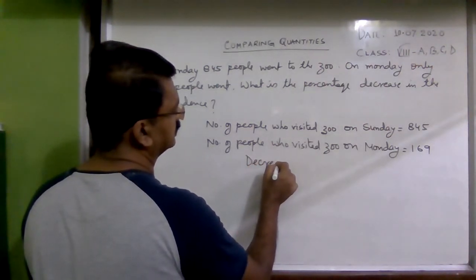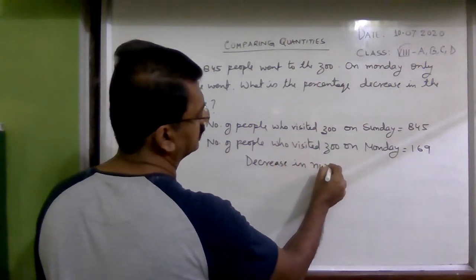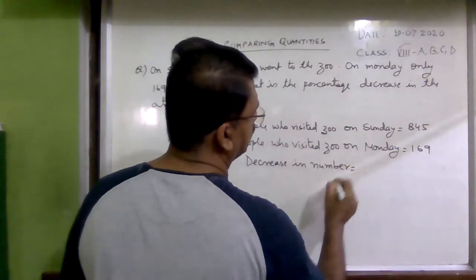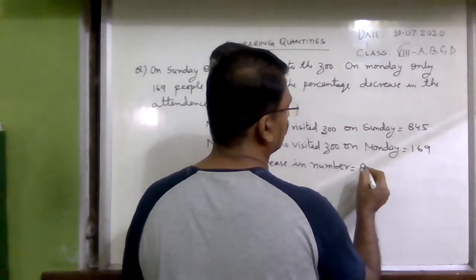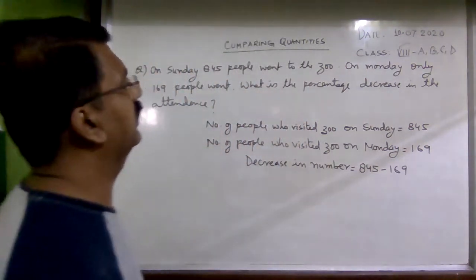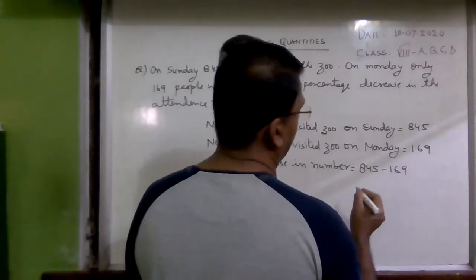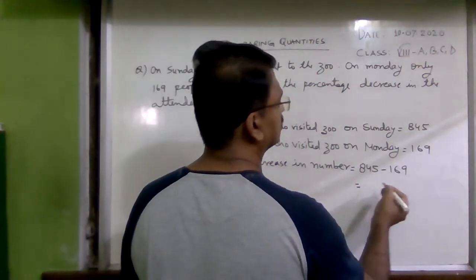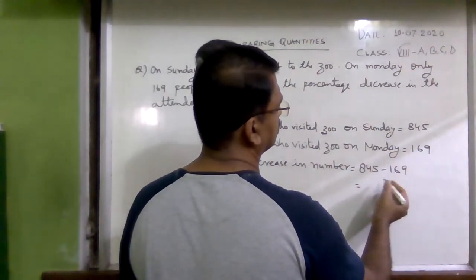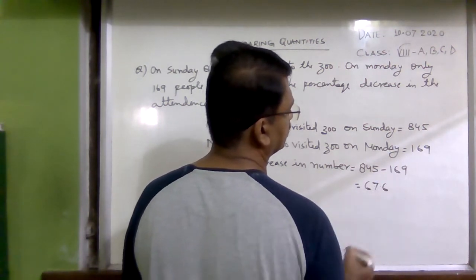Decrease in number is equal to 845 minus 169. It is 676.